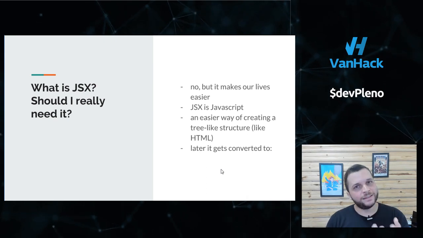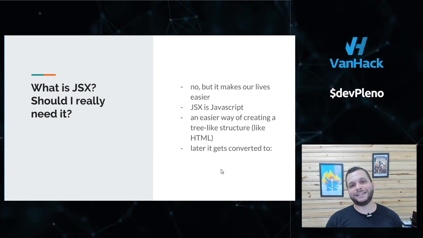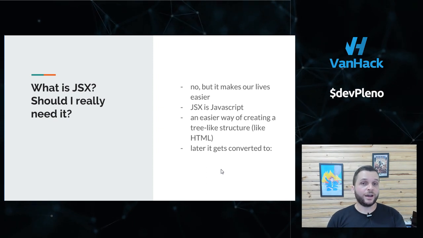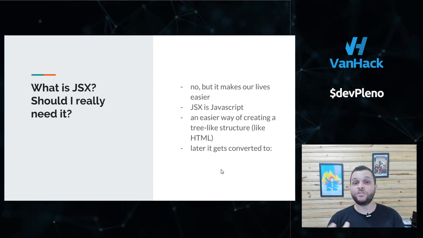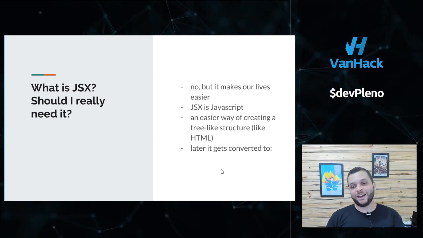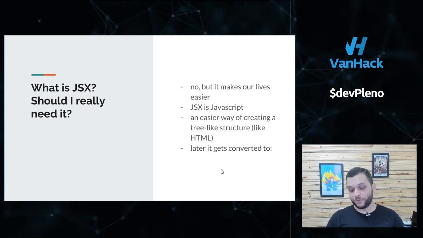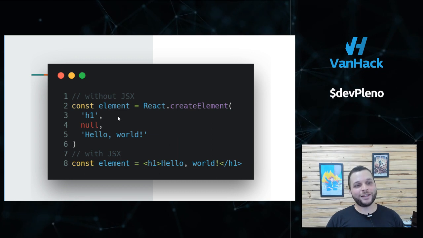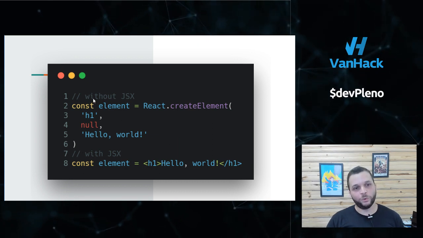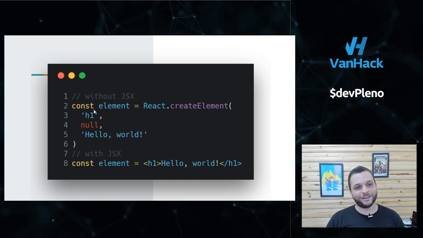Why? Because if we didn't have, for example, JSX, we would need to create our components using a structure like a tree. So without JSX, we need to create something like this.